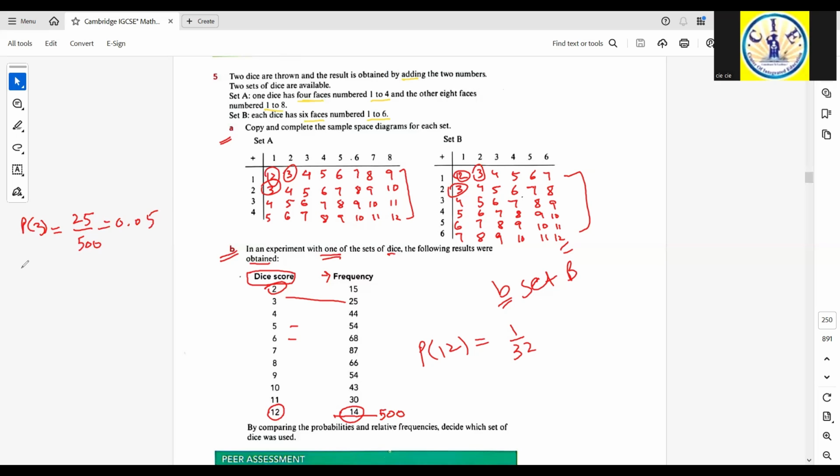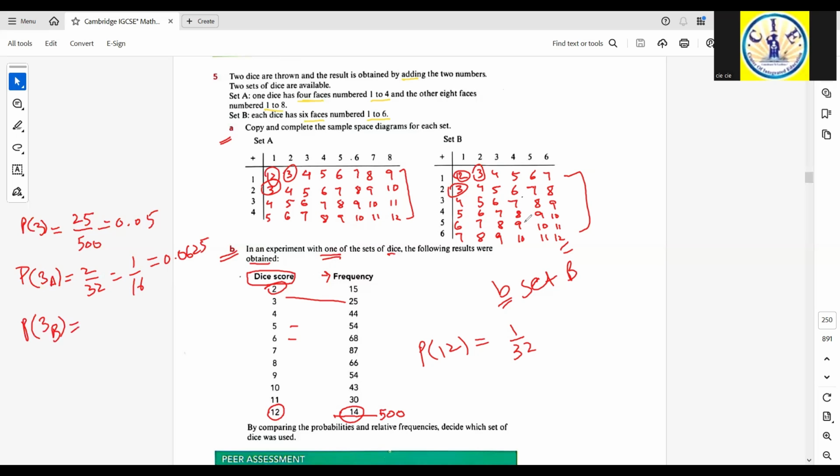What is the probability of getting a 3 from set A? That is 2 divided by 32, which is 1 by 16, so that would be 0.0625.